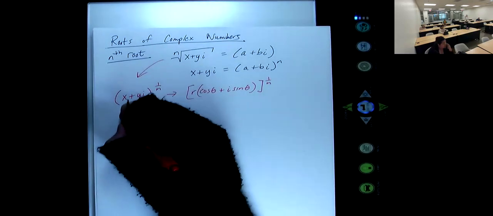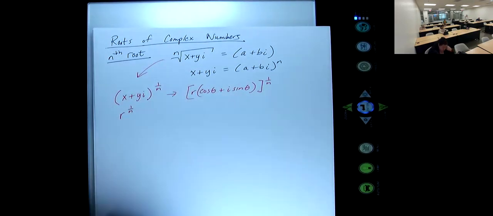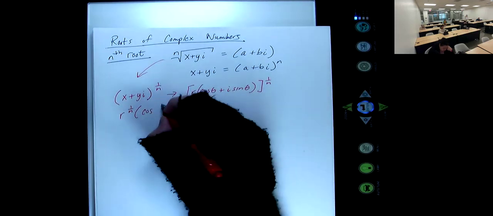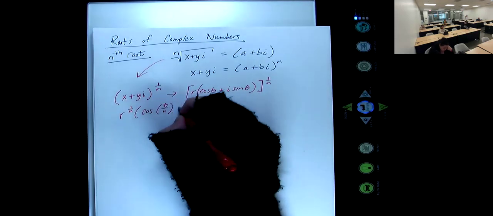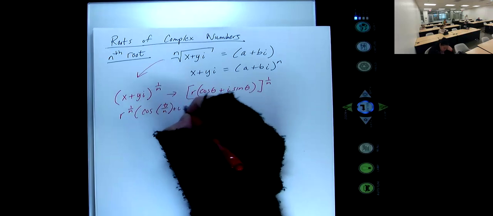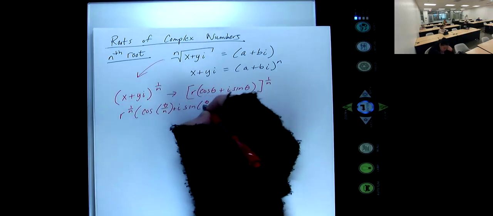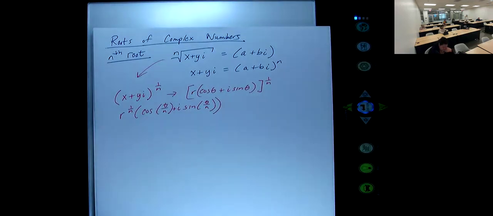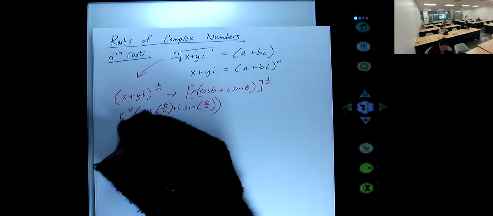This turns into r to the 1 over n power times cosine theta over n plus i sine theta over n. And this is the nth root of r.